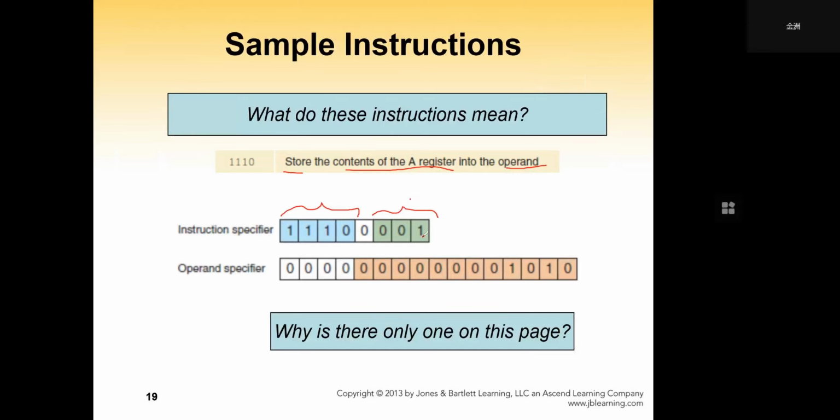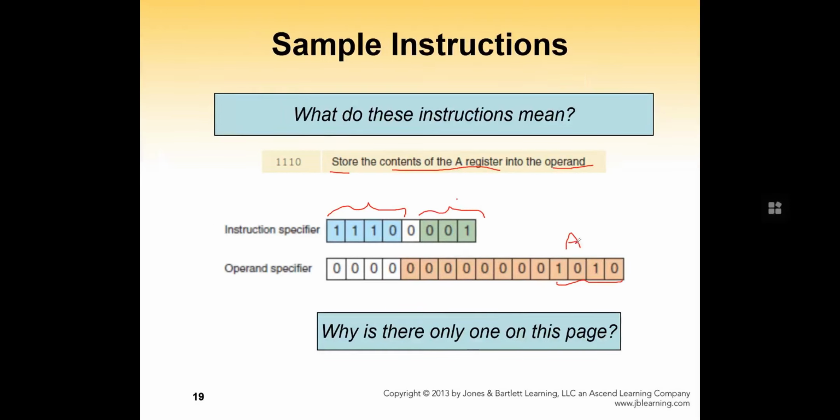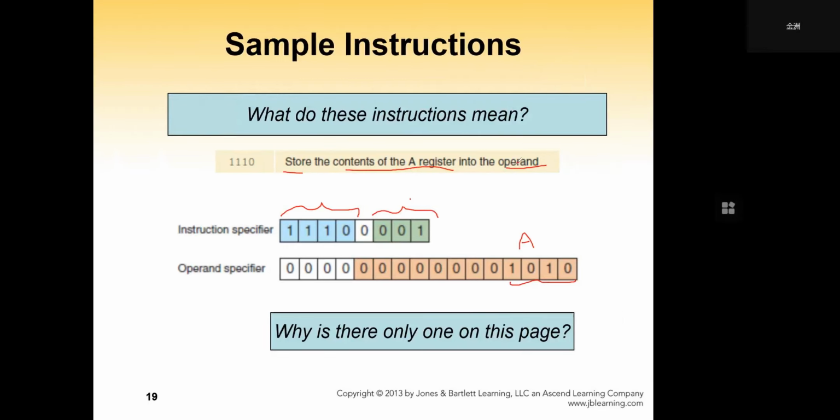So this one is A, right? This means we need to store the content of the A register into this position. The content of the A register is stored into this address.